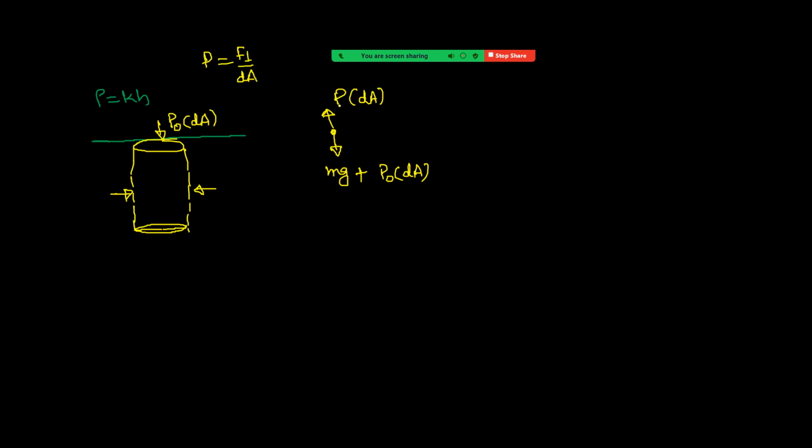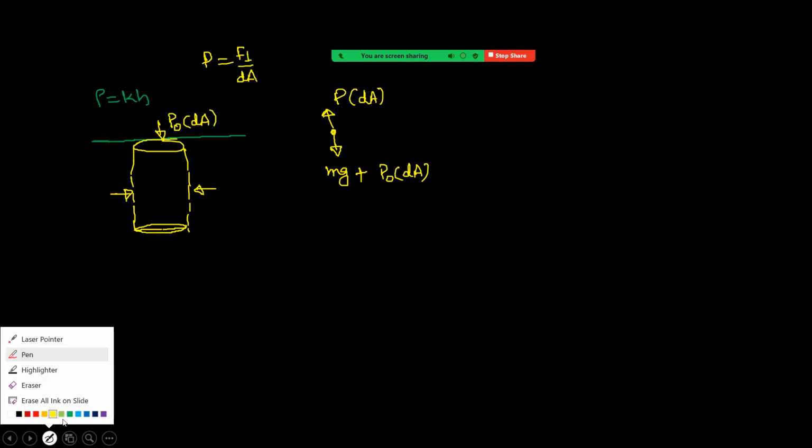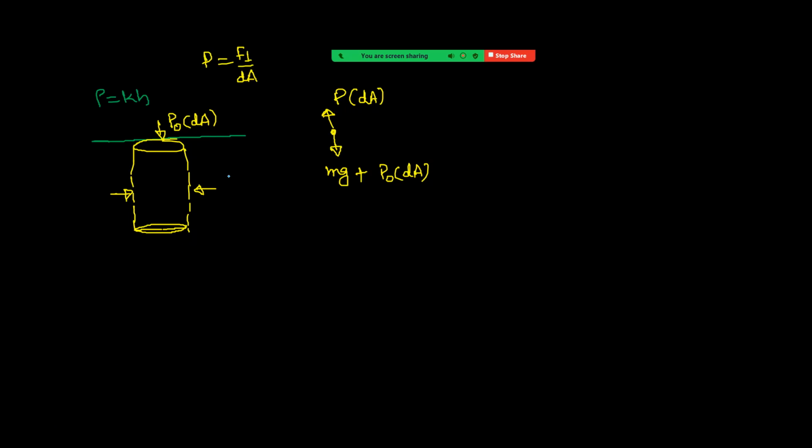So this is the P value which we want to calculate, right? To know this value, first we should know what mg is. Now see how to get the mg value. Here I am taking a depth h, and taking a layer of thickness dh.